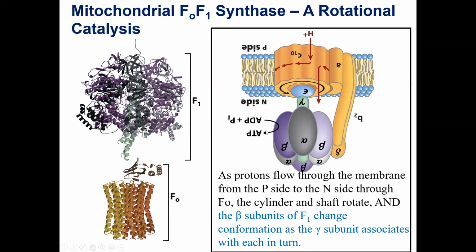So the beta subunits of F1 then bring in ADP and inorganic phosphate and convert them to an ATP molecule. This is how ATP is synthesized. Protons move down their electrochemical gradients, and the 3 beta units on the F1 domain make ATP using ADP and inorganic phosphate.